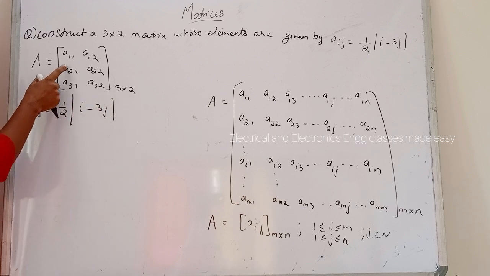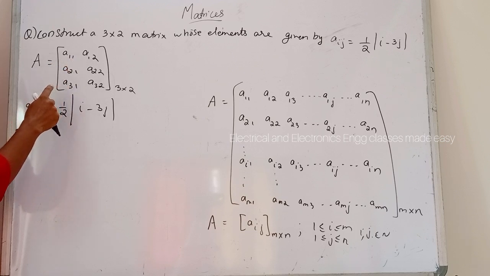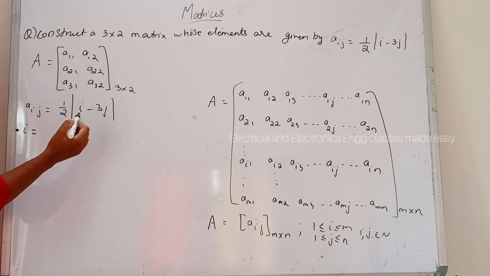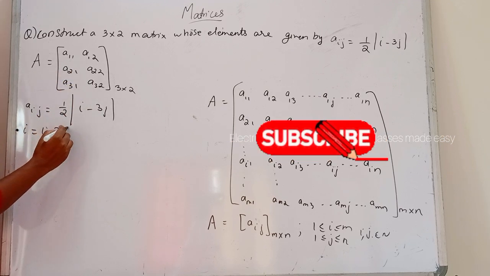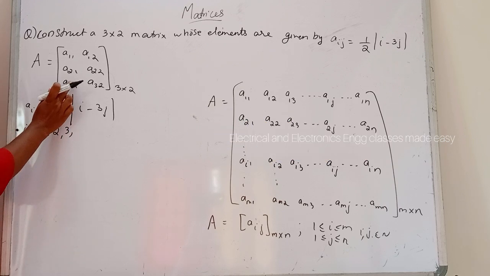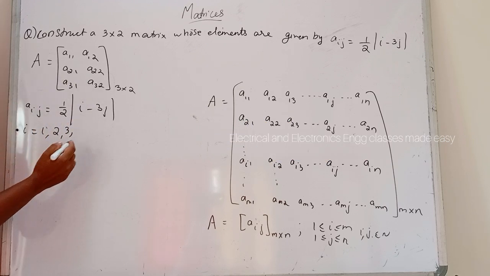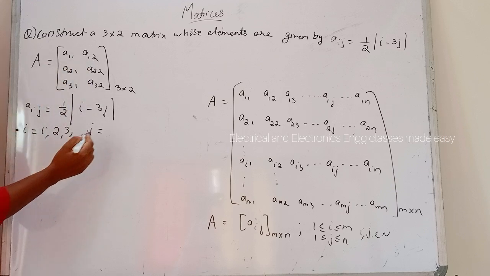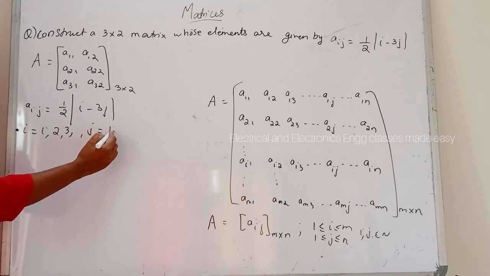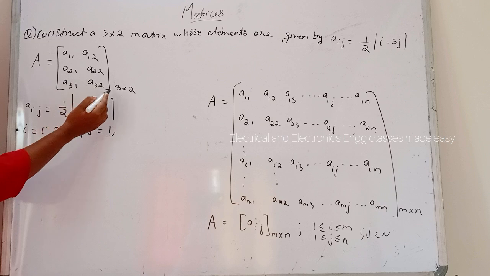So here i is the rows. There are 3 rows, so i is equal to 1, 2, 3, and j is equal to, there are 2 columns, so that is 1 and 2 only.